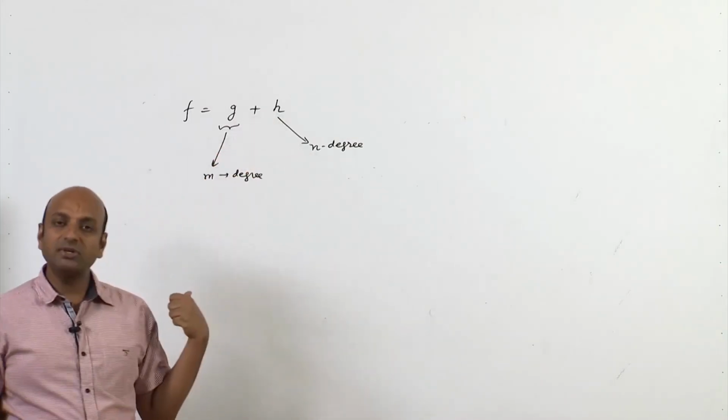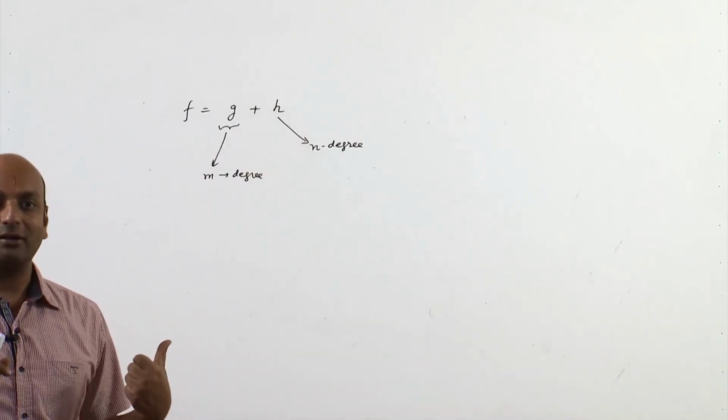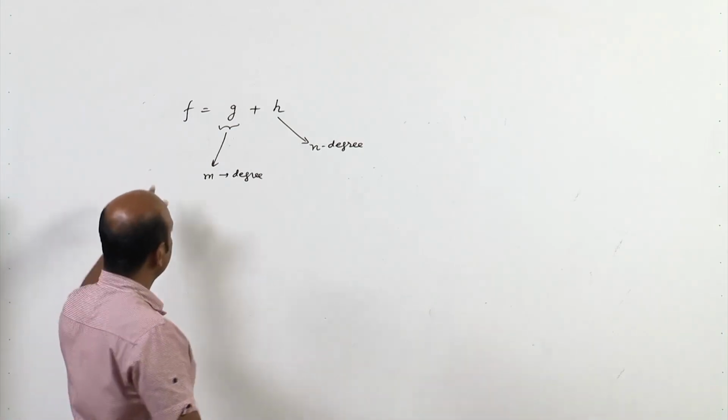Now is f homogeneous? It can be homogeneous if m is equal to n. If m is not equal to n, then f will not be a homogeneous function.